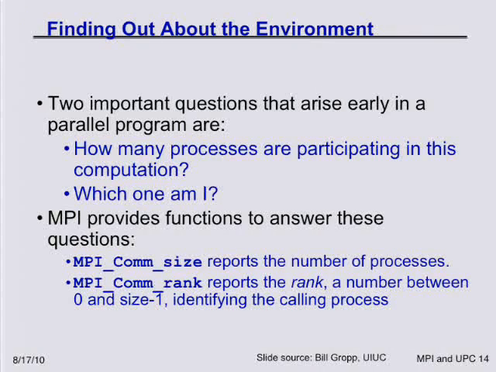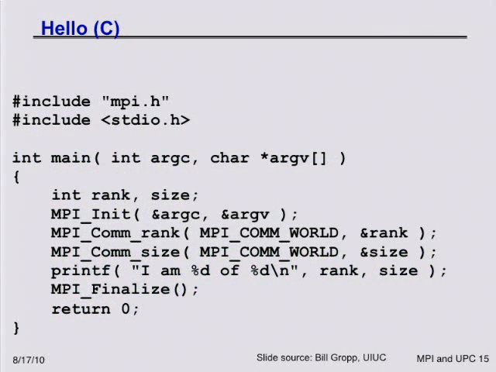That tends to be a very important question to be able to ask when you're writing one of these algorithms, because each processor may have its own unique role within the computation, such as working on a particular part of the computational domain. So MPI_Comm_size tells you the total number of processes, and MPI_Comm_rank tells you which process you are within that set of processors.